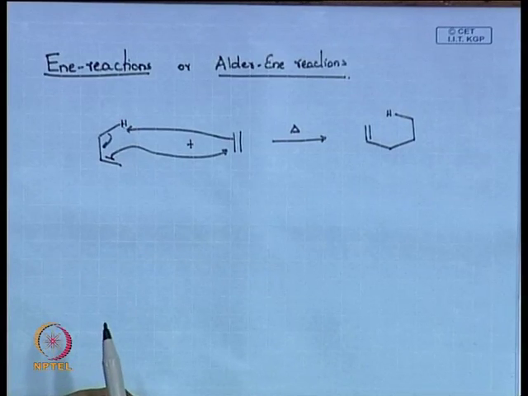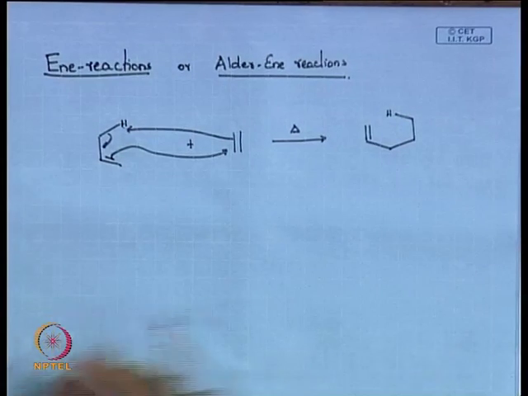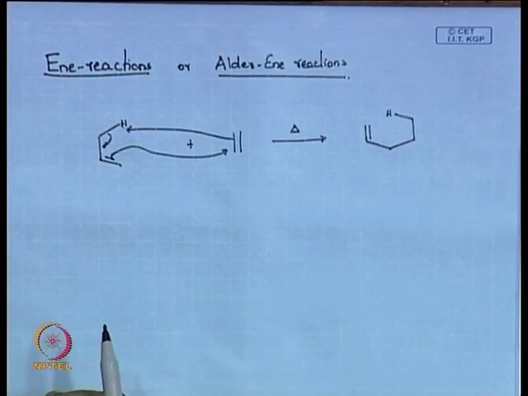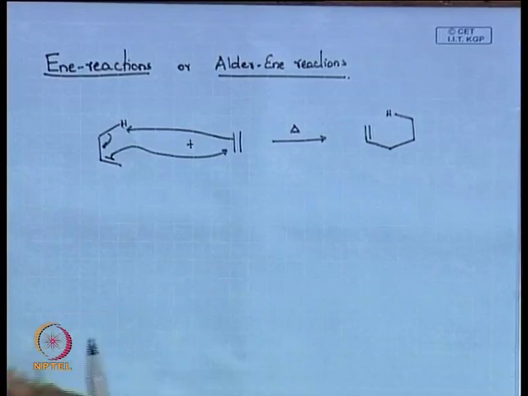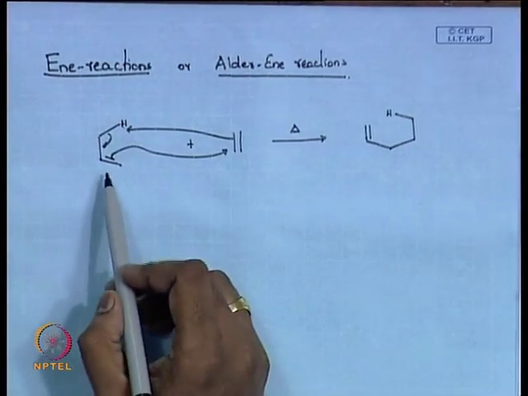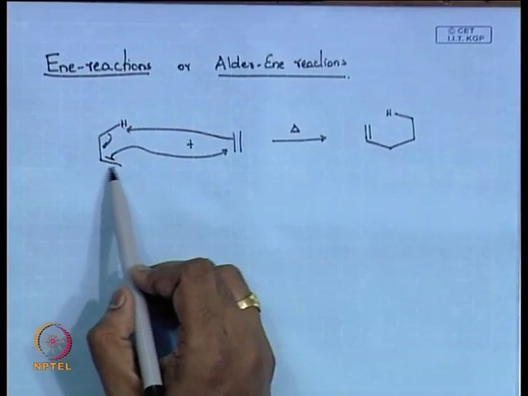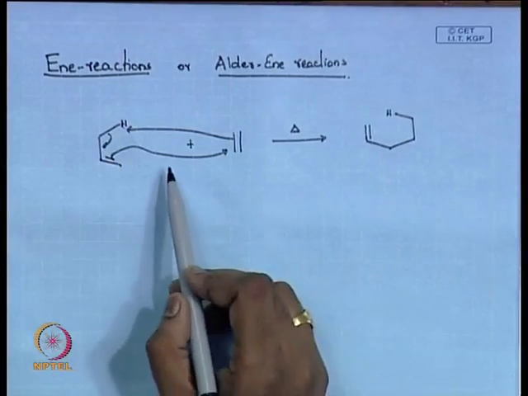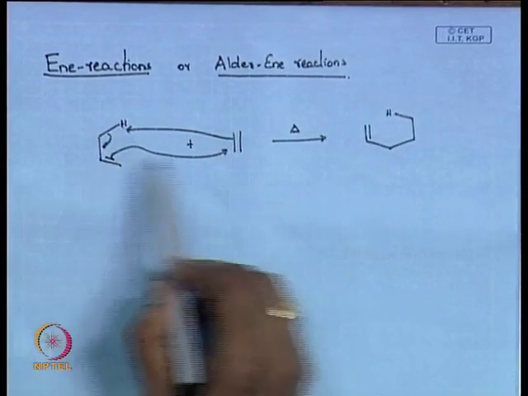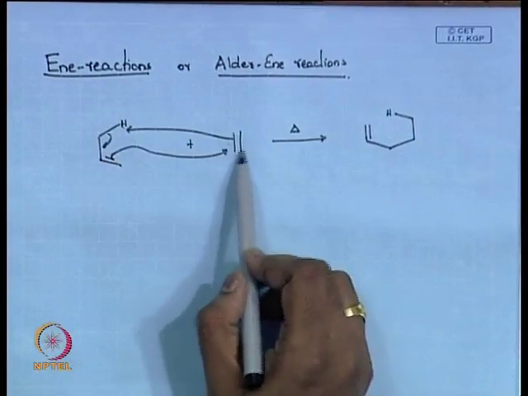This Ene reaction has a similar feature with some other reactions which we can see. For example, if I had taken this type of Ene, you have 2 Enes here. One is your allylic system, another is the Ene.